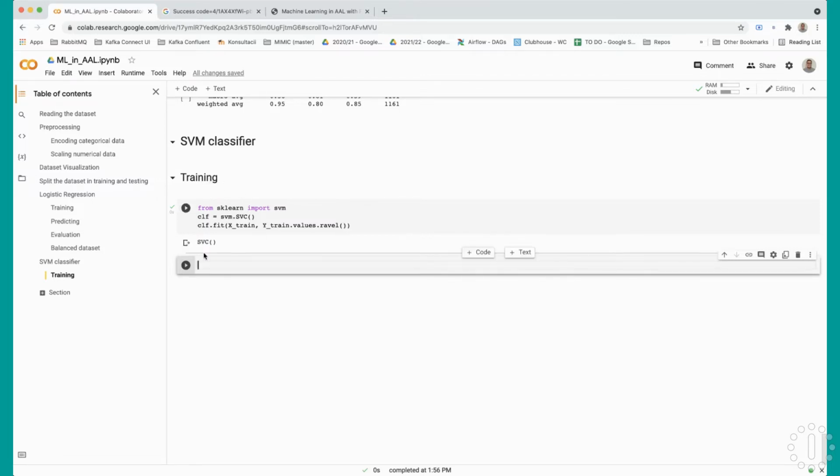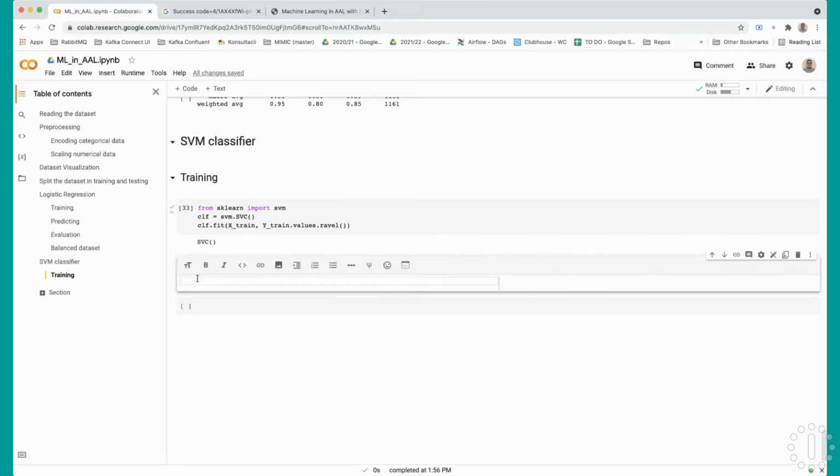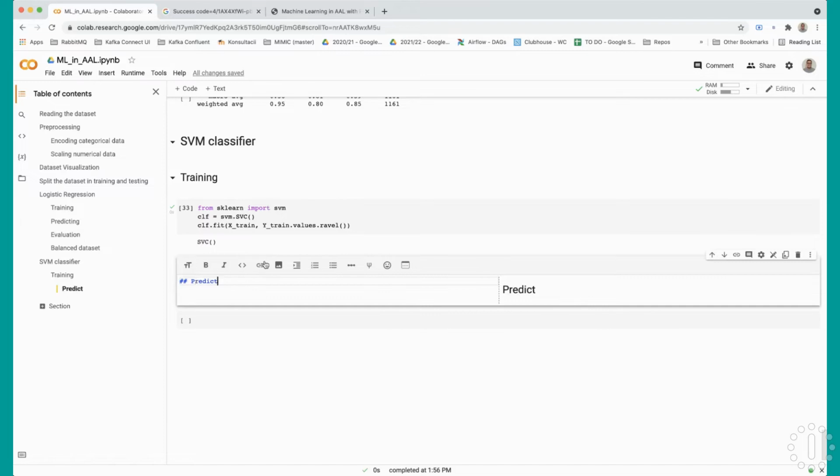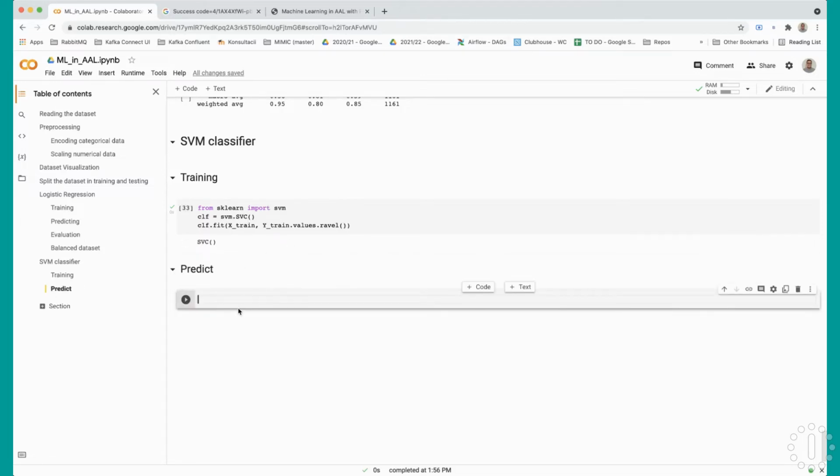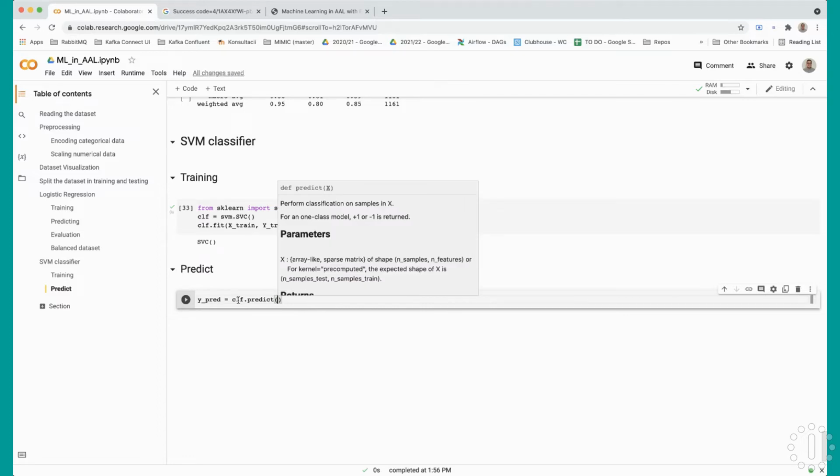The next step after doing this is to predict the values of the X test, the testing dataset. So we will get the Y predicted with the classifier.predict method, and over here we'll set X test.